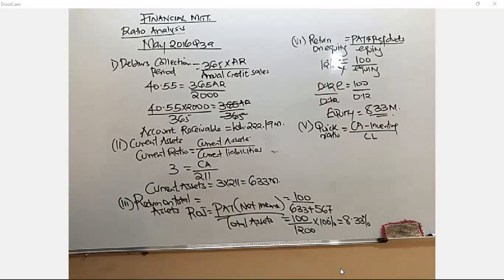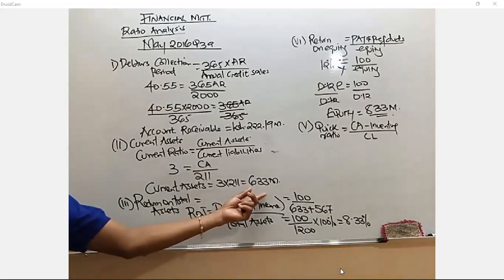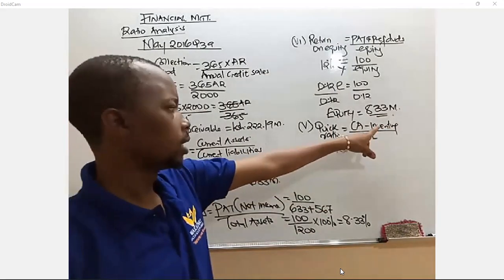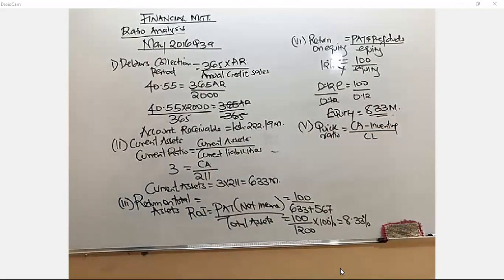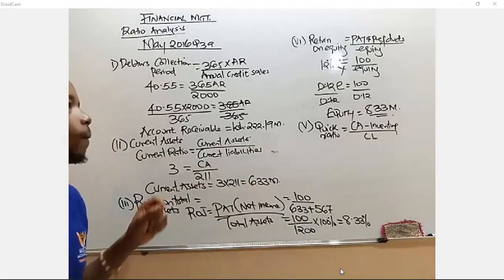I will say no. Reason being, these current assets already have inventory, and that is why the inventory is normally subtracted. It is subtracted because it is not regarded as an asset which can quickly be converted into cash. So already under the current assets, the inventory is included, and we don't know how much was inventory.